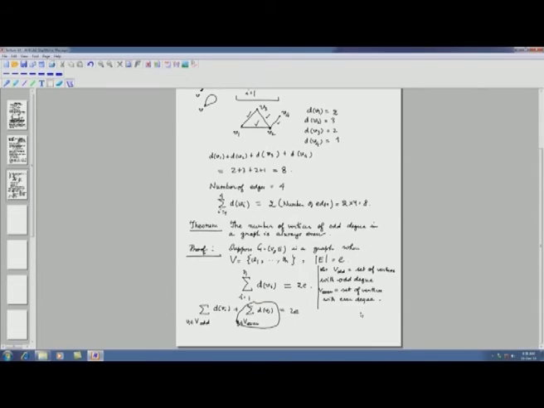The reason is that each of d(Vj) by definition is even, because these degrees are even, and if we sum up even numbers, no matter how many of them, we are going to get an even number.